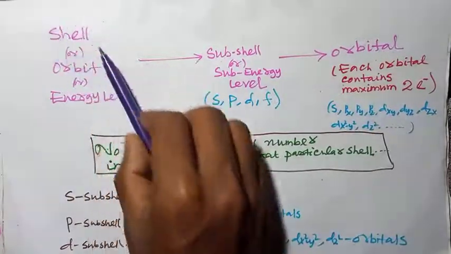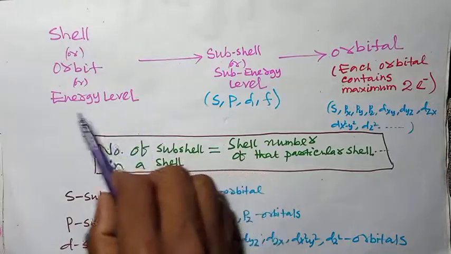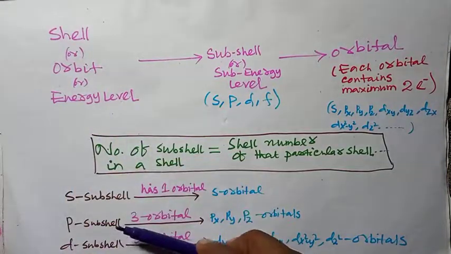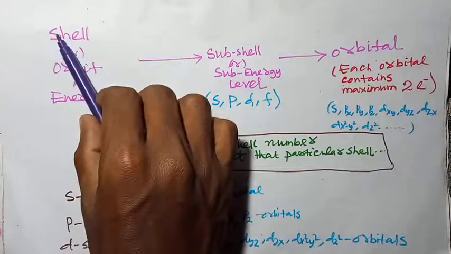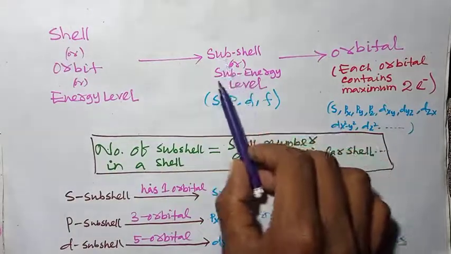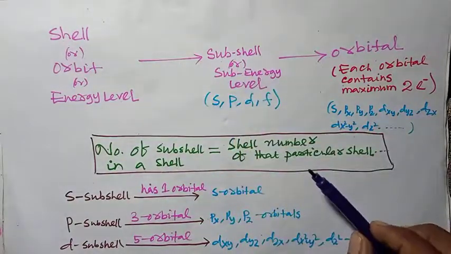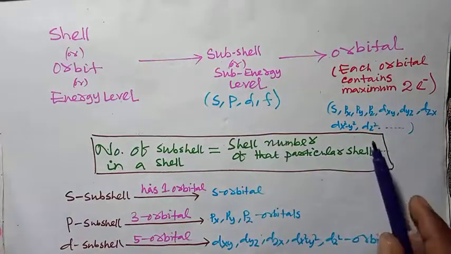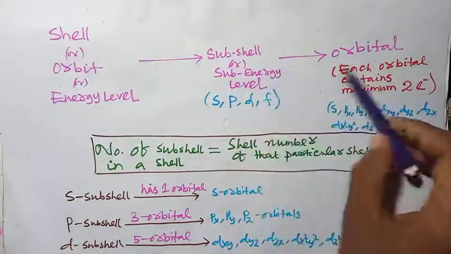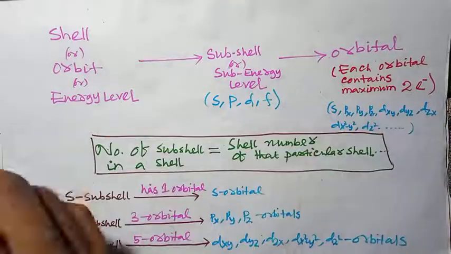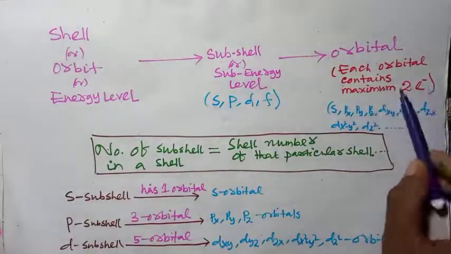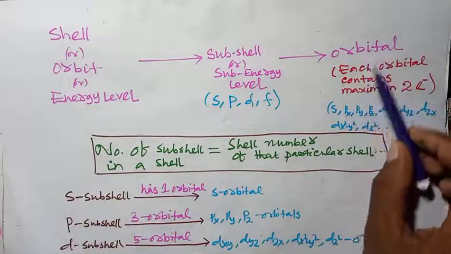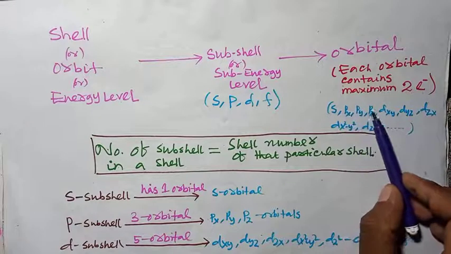Shell is also known as orbit or energy level. Inside a shell, subshells or sub energy levels are present. Subshells are basically S, P, D, F, and inside subshells orbitals are present, and each orbital contains a maximum of 2 electrons. Some examples of orbitals are S, Px, Py, Pz.